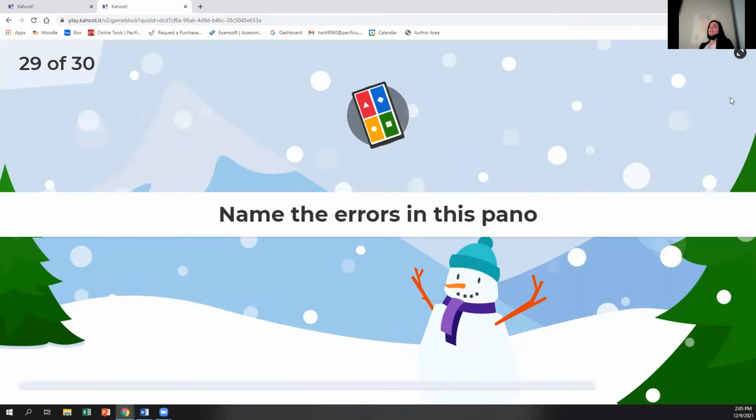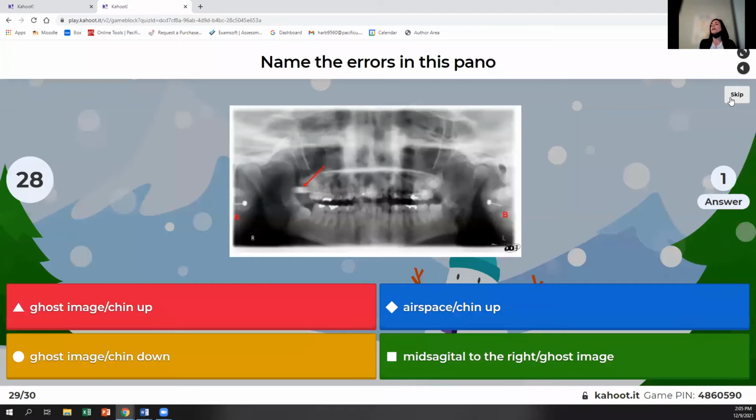Name the errors in this pano. Ghost image, chin up, ghost image, chin down, airspace, chin up, mid-sagittal to the right, ghost image.